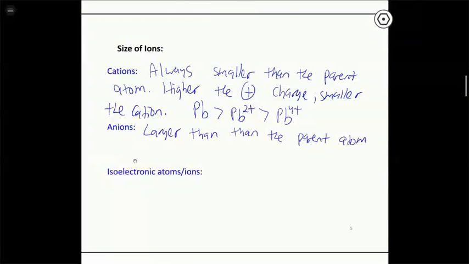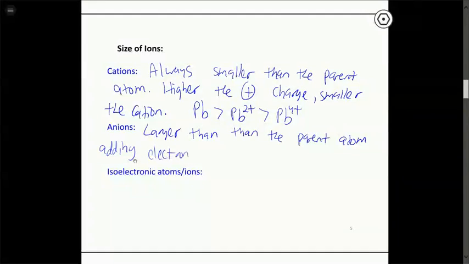Okay, so the anions are larger than the parent atom, and the reason is that adding electrons to the outer shell increases the electron-electron repulsions.